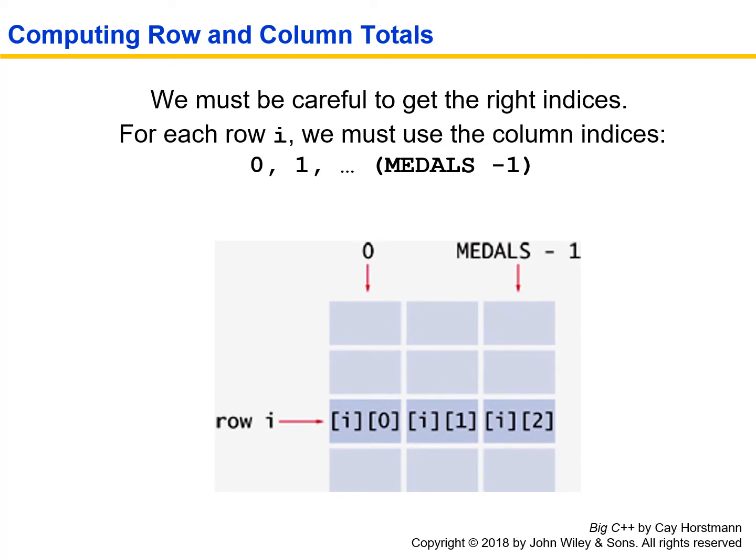Okay, as before, columns and rows are both 0 indexed, so our rows go from 0 to metals minus 1. Our columns go from 0 to countries minus 1.